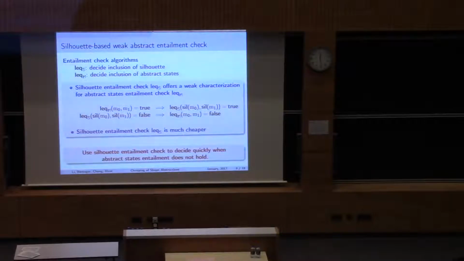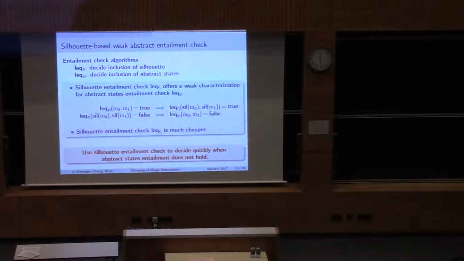Another very important property of silhouette is that it offers a quick abstract entailment check. Indeed, here we have silhouette entailment check, which is an algorithm that we use to decide the inclusion of silhouettes. And also we have abstract state entailment check, which is an algorithm that decides inclusion of abstract states.